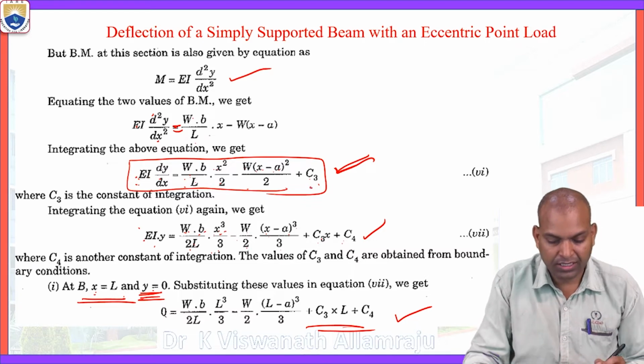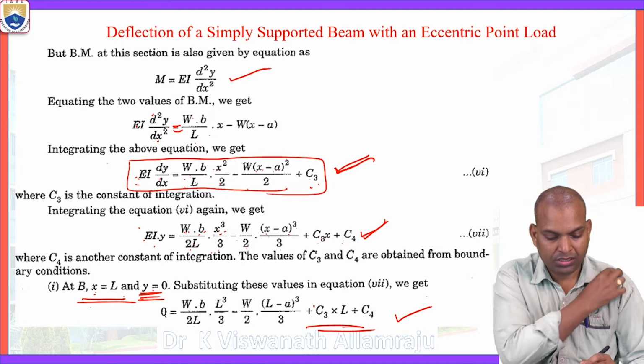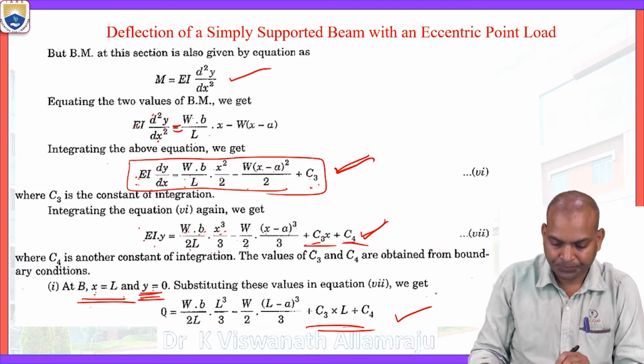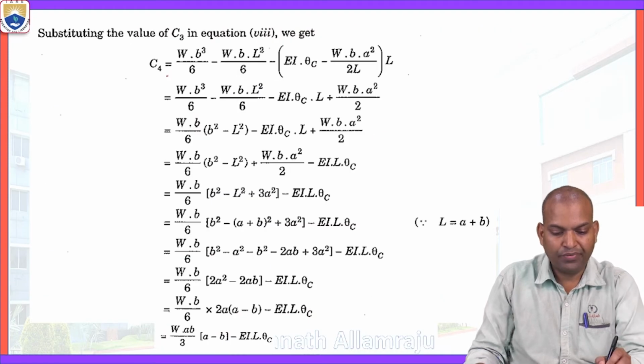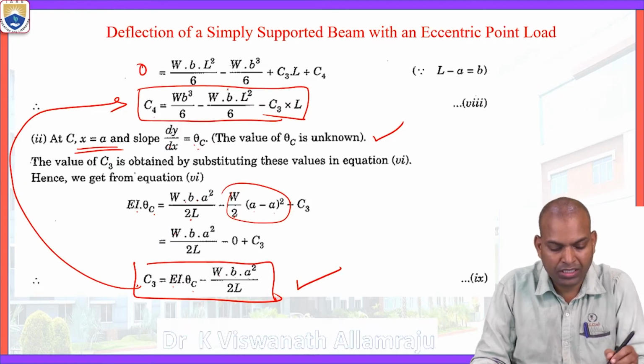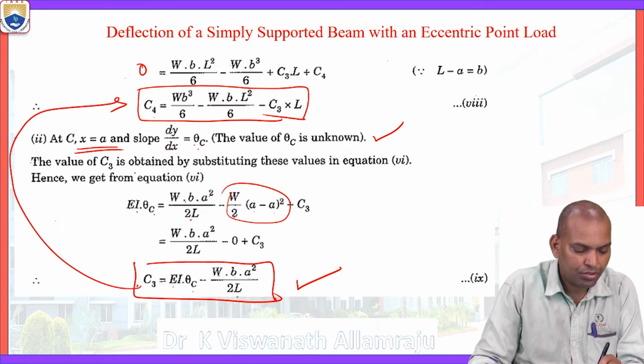So let us simplify. c4 equals, in that equation, c3 times l. What is c3? EI theta c minus wb a square by 2l.